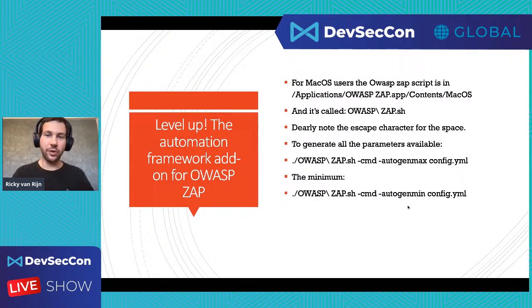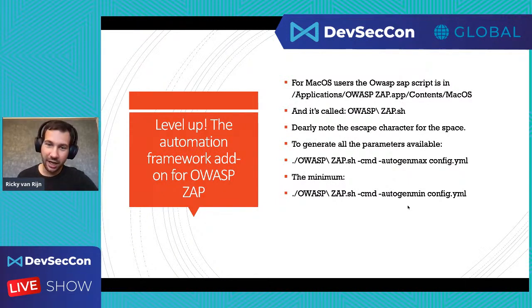I am doing this on my Mac, and on my Mac it's in a specific location. In many tutorials it's zap.sh and then the command, but on my Mac it's called OWASP space zap.sh. Well, okay, so you need to use an escape character for the space.